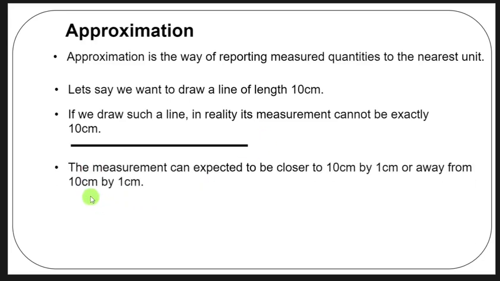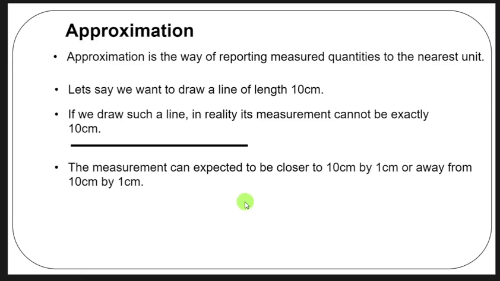We are saying the measurement can be expected to be closer to 10 centimeters by 1 centimeter or away from 10 centimeters by 1 centimeter. So the measurement of the line we draw can be expected to be closer to 10 centimeters by 1 centimeter or away from 10 centimeters by 1 centimeter.